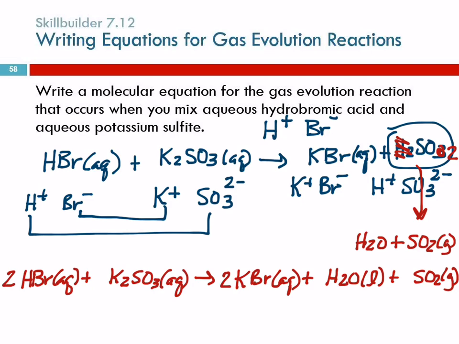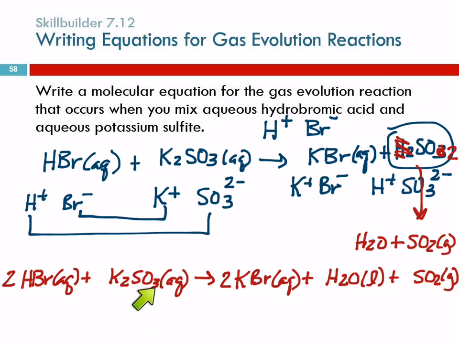And then let's look at the rest of this. The sulfite did not stay together, right? We did an example with sulfate where the sulfate didn't get taken apart. Here, the sulfite did come apart. So we need to balance the sulfurs and the oxygens separately. So there's 1 sulfur and 1 sulfur.